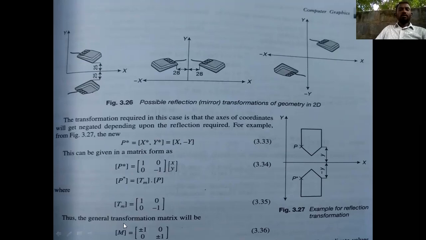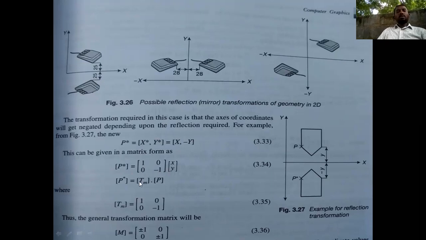The general transformation matrix will be plus or minus 1 comma 0, 0 comma plus or minus 1. So in this object, we are doing the matrix form. This total one here we are considering. This can be given as a matrix form p dash equal 1 comma 0, 0 comma minus 1 times x comma y.